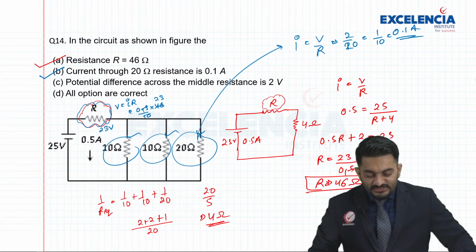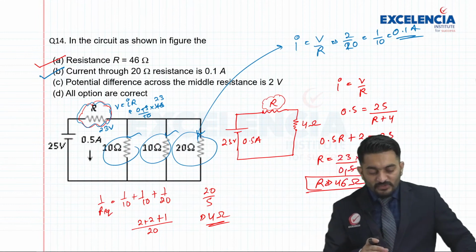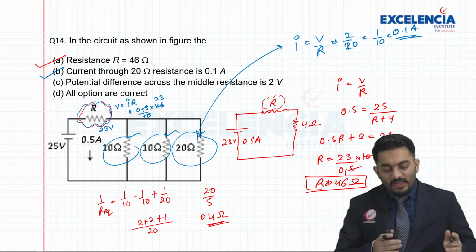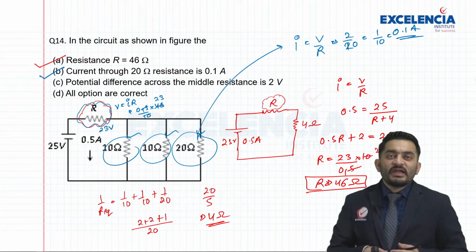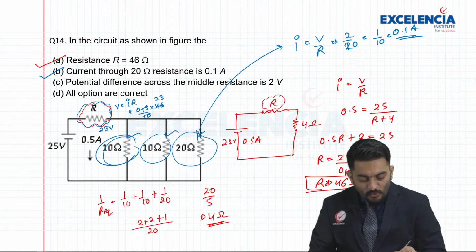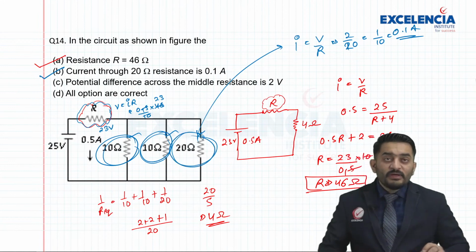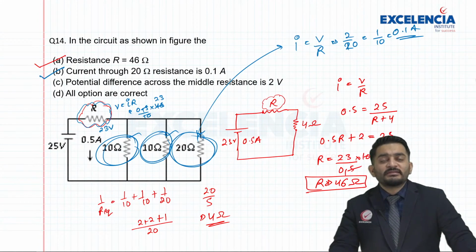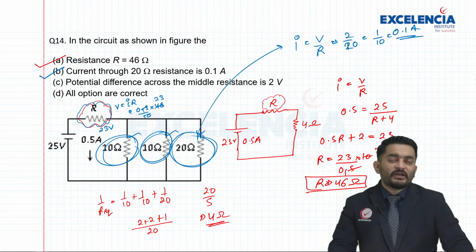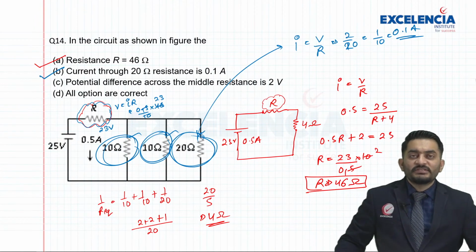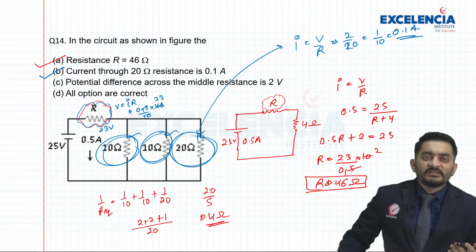Now the question comes, potential difference across the middle resistance is 2 volt. For that we don't need to calculate anything, because I just told you that this 10 ohm and 20 ohm are connected in parallel, and for a parallel circuit the voltage value cannot be different. It will be same. We have learned this. Voltage in parallel remains the same.